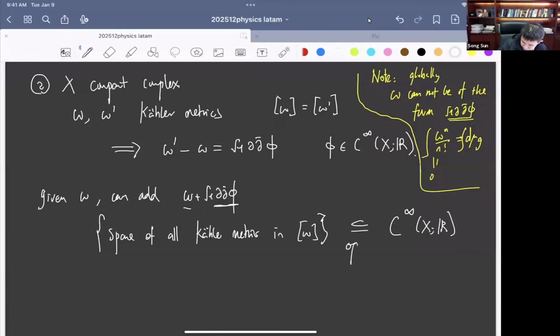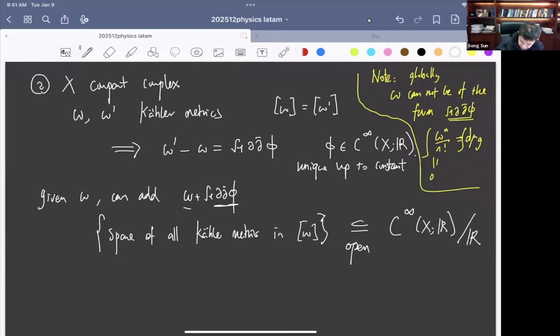And of course we need to mod out by R, because phi is uniquely determined up to a constant.